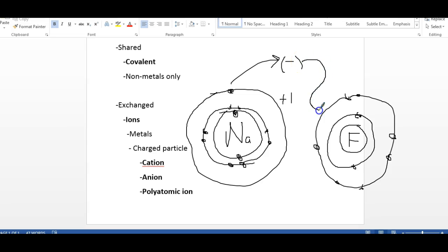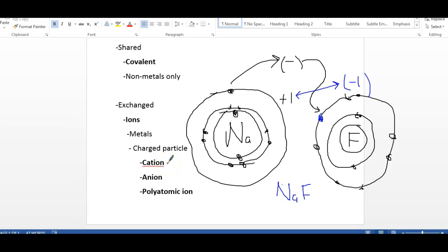It has this extra one, so then it takes that one on. We'll make it blue. So now it has taken on an electron. It has a full outer shell, and then it added a negative, so then its charge becomes negatively charged. And then these are opposite charged, so they're attracted, and then they form a compound, sodium fluoride, which is NaF. And that's how an ionic compound forms. It doesn't share like covalent. They exchange electrons, they form ions, and then they form a compound.